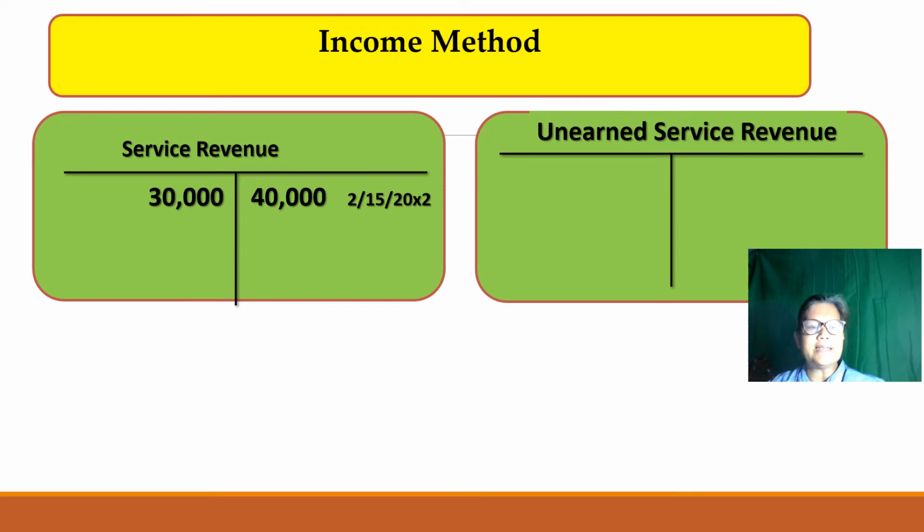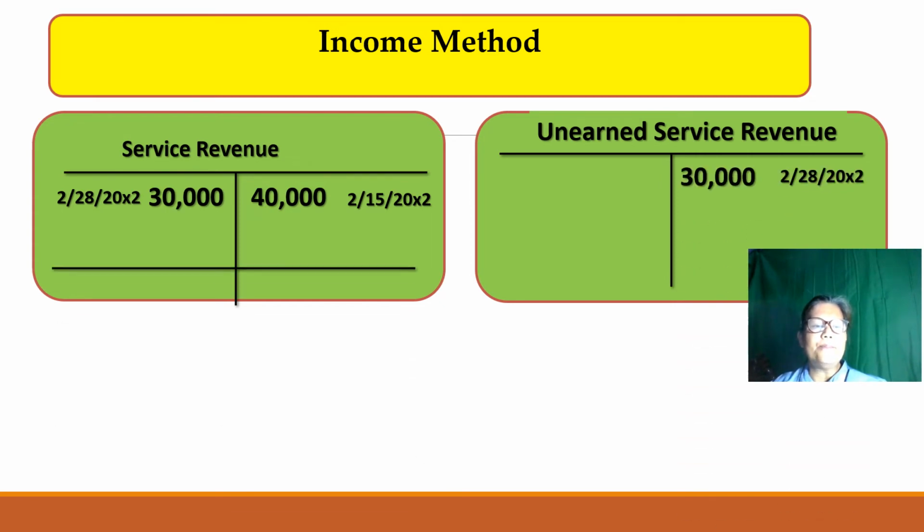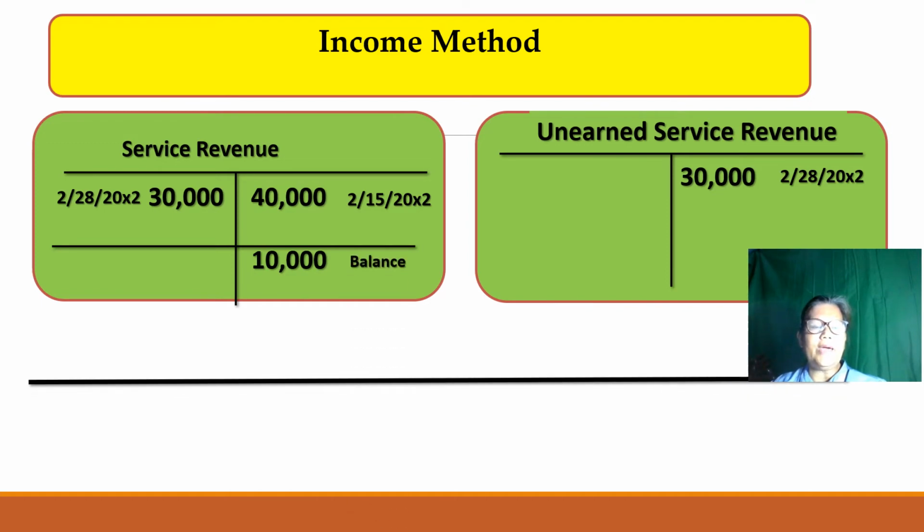Now, let us consider the adjusting entry for February 28. So, the amount of 30,000 will be debited in order to arrive at the correct service revenue as of February 28. Okay? So, it shows that the service revenue of 10,000 was realized, and that is covering the period February 15 to February 28.